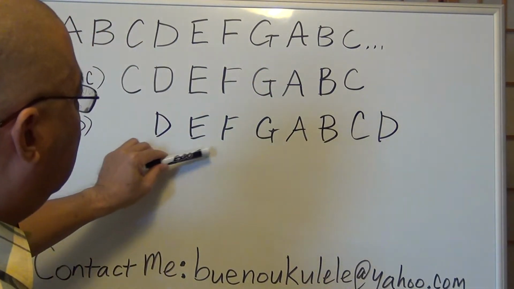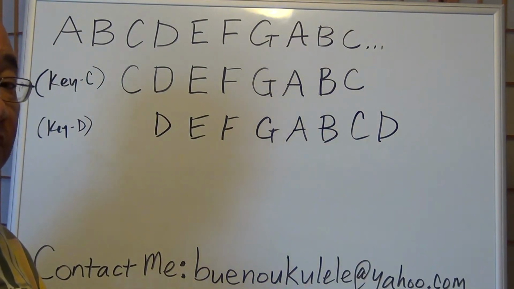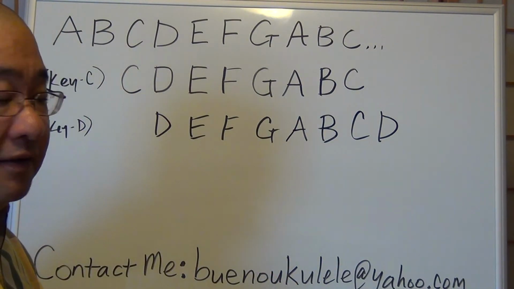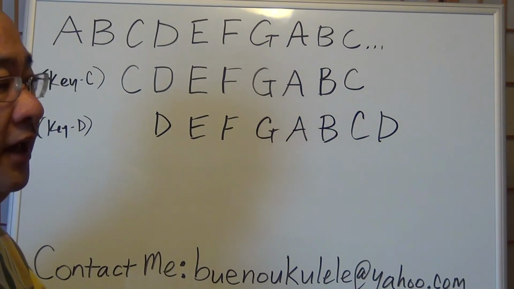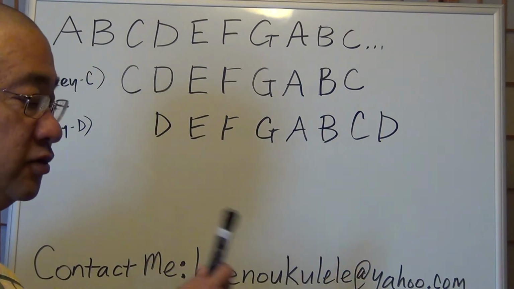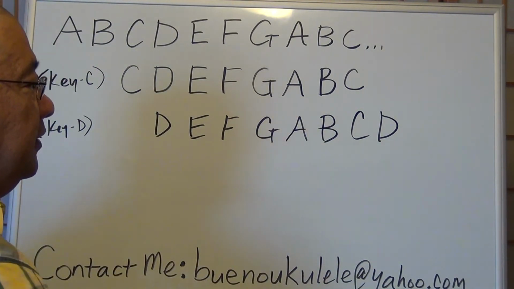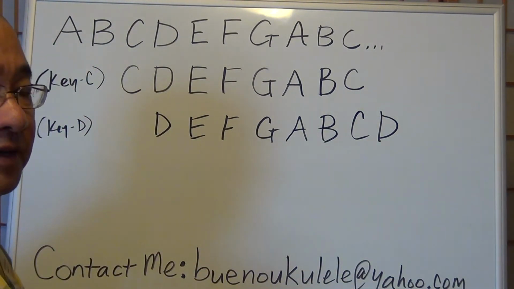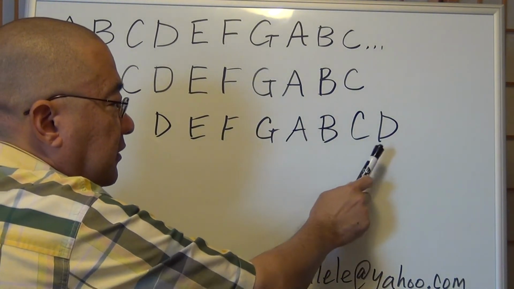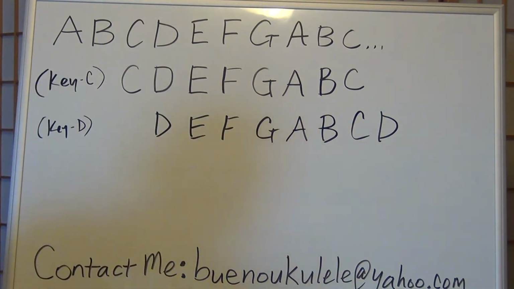You see that D, E, F, G, and every time after G, you have to put an A. Okay, so every time after G, A will always come next. That's just the way it is. Once you put the A there, we continue our alphabet system. A, what's after A, B, C, D. So you can pick any note, and that will follow the alphabetical system.